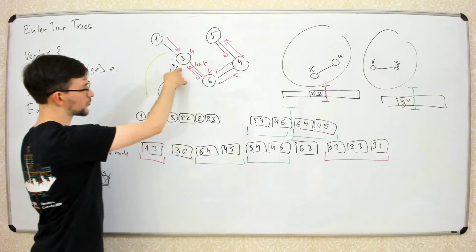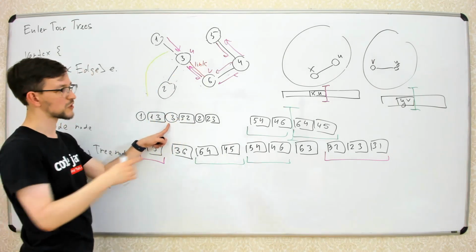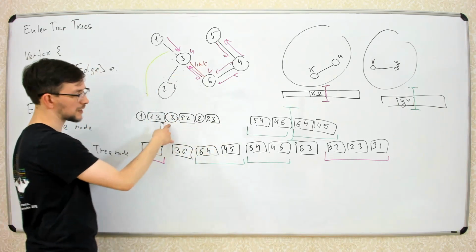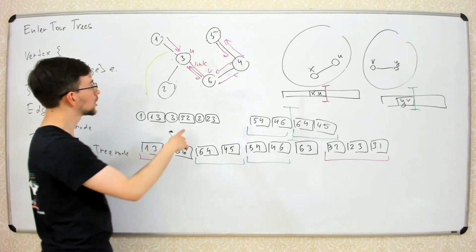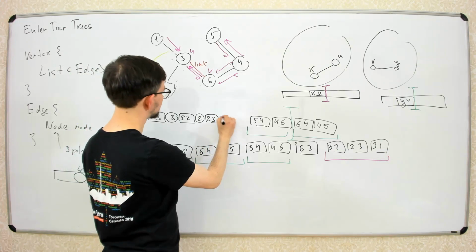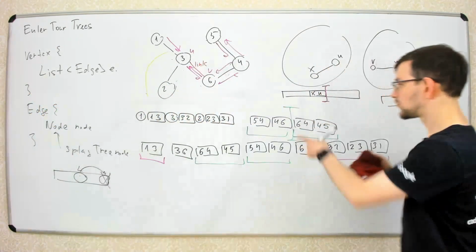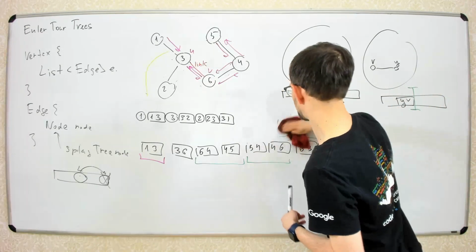We already have 3, so every node contains only one position. If we visit a node several times, we maintain only one position, any position. Then go back to 3, 1, like this. And for the second tree, we do the same.